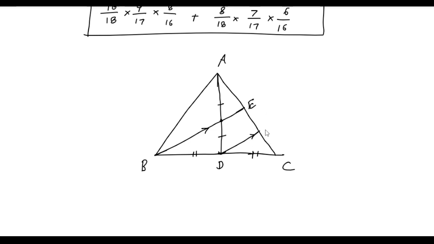I draw this DF. Now can you tell me what is the ratio of AE, EF and FC? In which ratio is it divided? Is there any relation between this AE, EF and FC?